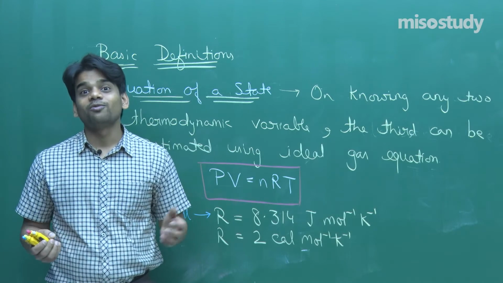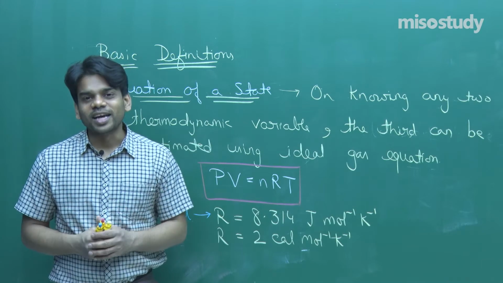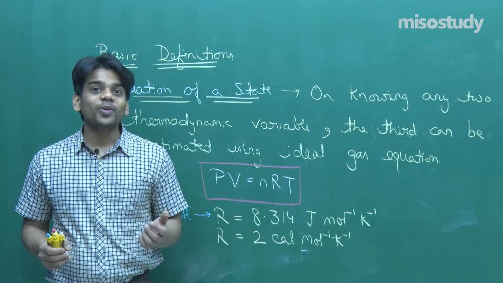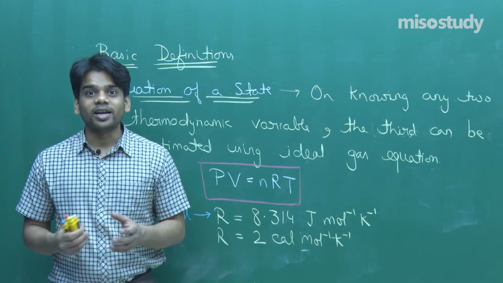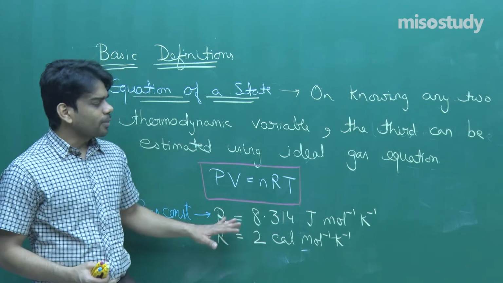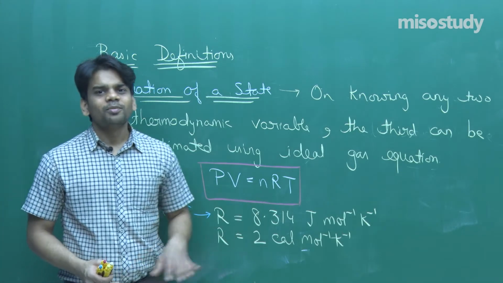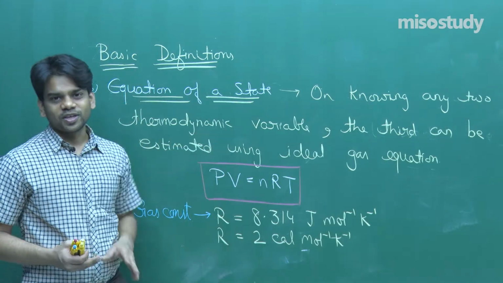Pressure, volume and temperature are the basic thermodynamic variables to identify the state of the gas. I also told you about the entropy and internal energy of the gas. These can also be taken as thermodynamic variables of the gas. Need not worry about entropy and internal energy, as they are not coming in any equation right now, but we shall know pressure, volume and temperature. Third thing, equation of state.